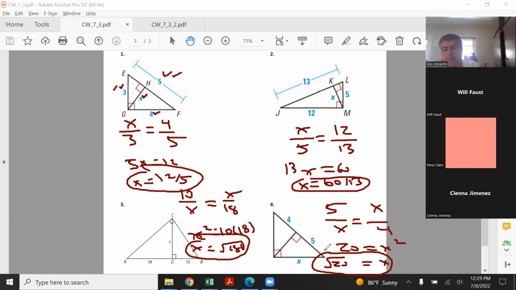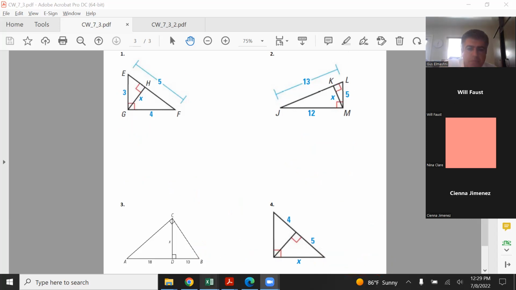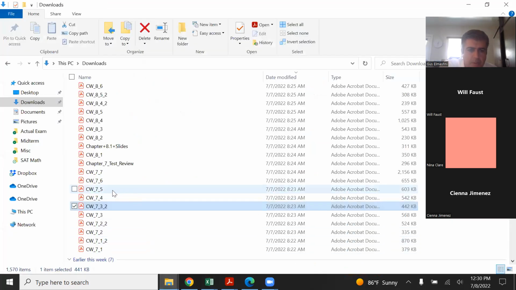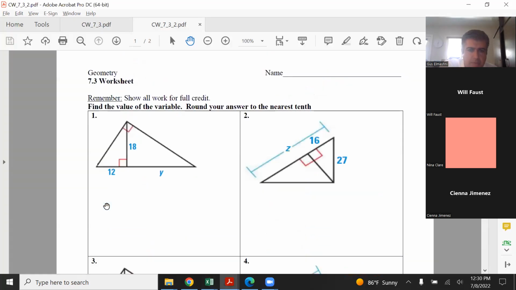Questions before we do some practice problems? Okay, so let's do some practice problems. We'll go back to another breakout session. So you guys have been working on this one, more of the same stuff.